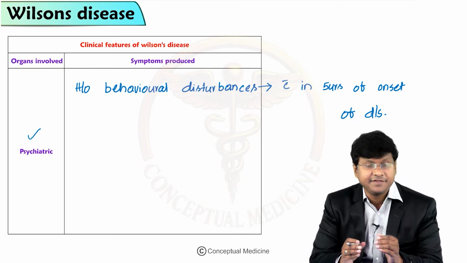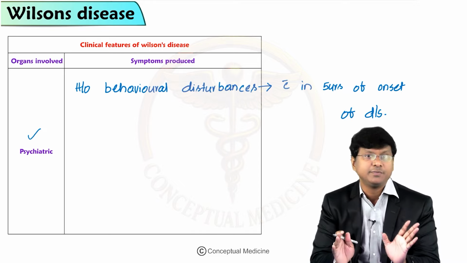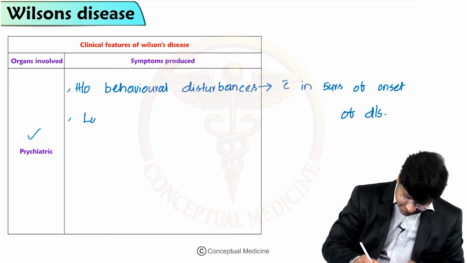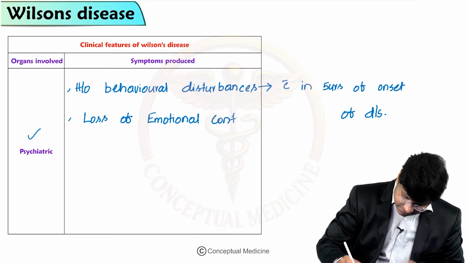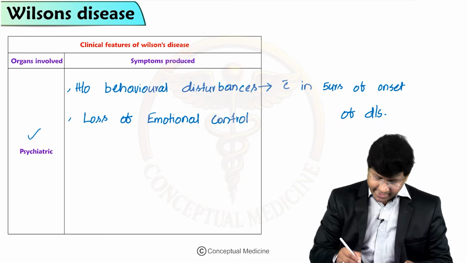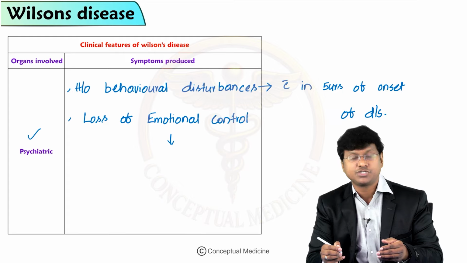And these psychiatric features are diverse and include loss of emotional control. And what will be the features of loss of emotional control?